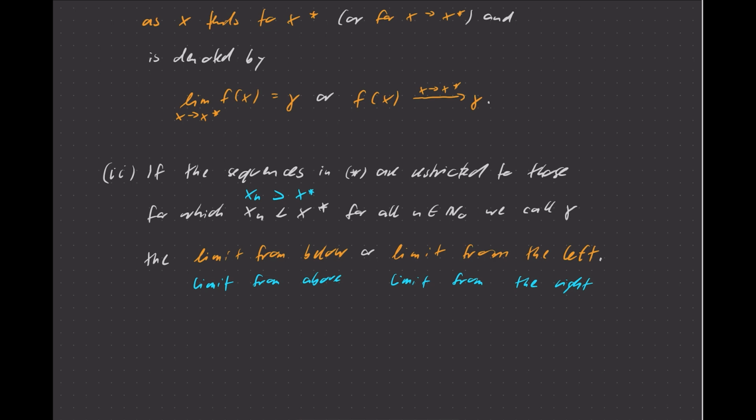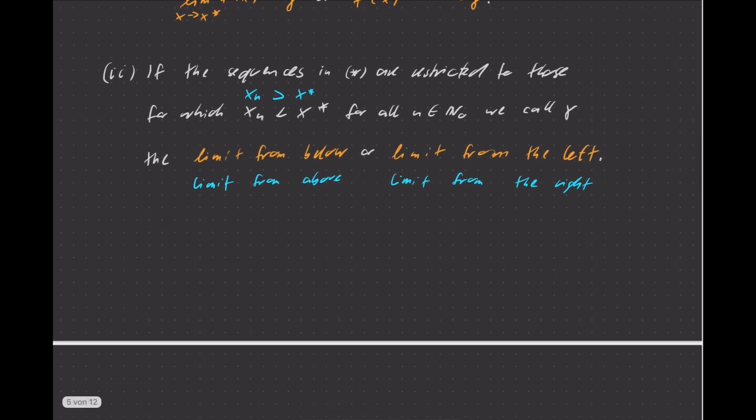The notation is similar to the one that we have already seen. So we either have limit of f of x equals gamma, and for the limit from below, we write x tends to x star in this way to denote that it tends to x star from below.